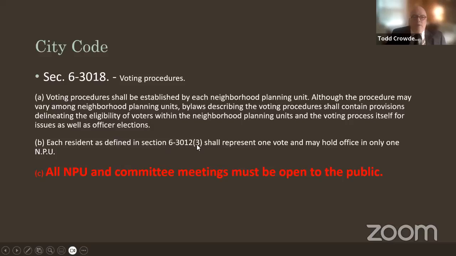Each resident as defined in section 630.12.3 shall represent one vote and may hold office in only one NPU. And the important part, C, all NPU and committee meetings must be open to the public. And no, there are no qualifications or exceptions to that. You must observe that to the letter.